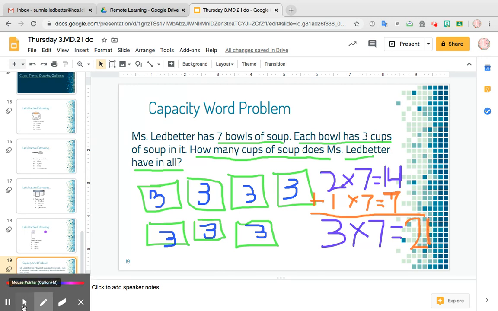So it says, how many cups of soup does Miss Ledbetter have in all? Well, Miss Ledbetter has 21. Let me see if I can make y'all see that a little bit better. 21 cups of soup. So Miss Ledbetter has 21 cups of soup in all.